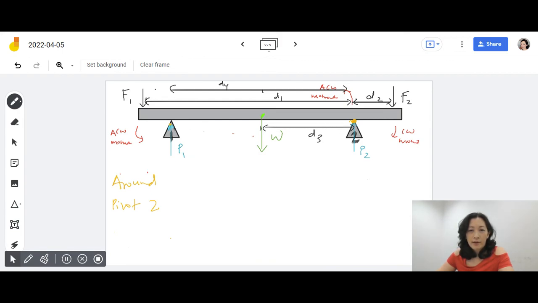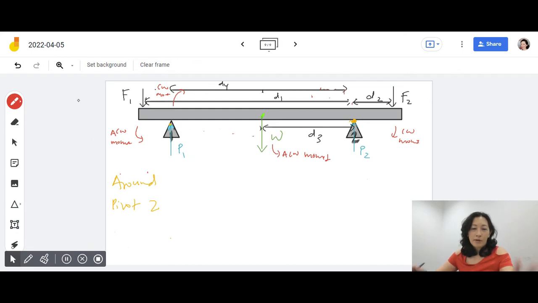Let's call this D3. And now the weight is around P2, it's now creating an anti-clockwise moment. P2 on itself has no moment, but P1 is creating a moment that's going upwards. It's going to give a clockwise moment.